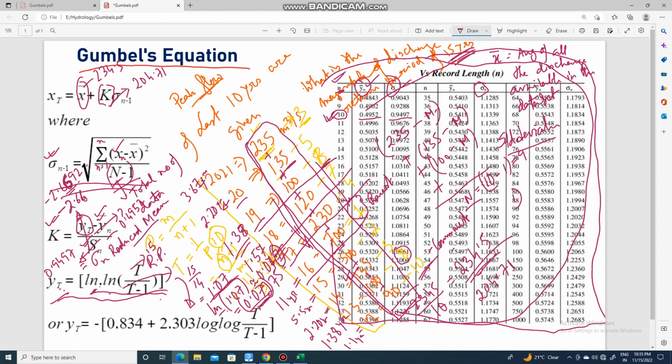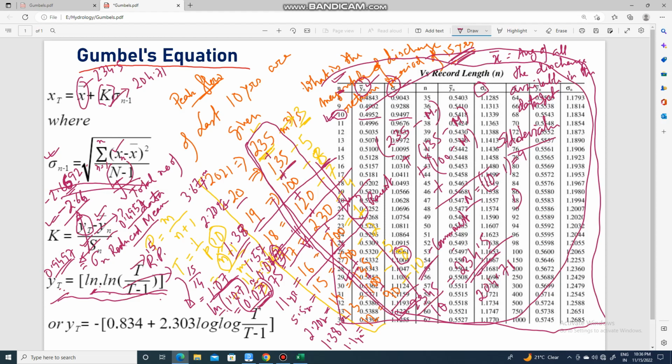So now you find this Yt as minus 2.66, Yn bar, the reduced mean, is already found out as 0.4952, divided by the reduced standard deviation, which is equal to 0.9497. So let us see what value comes out of it.